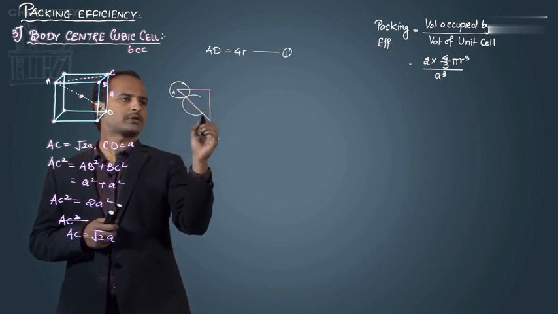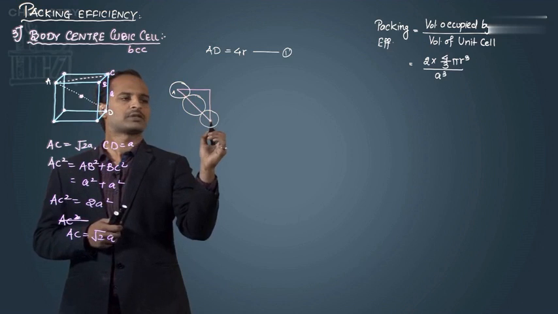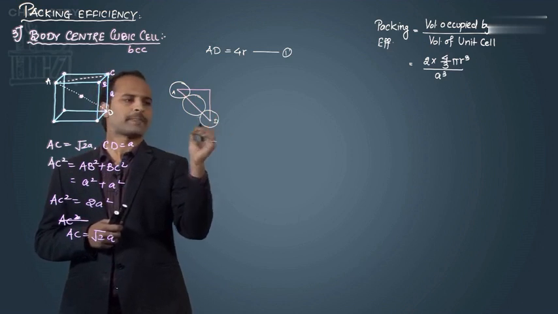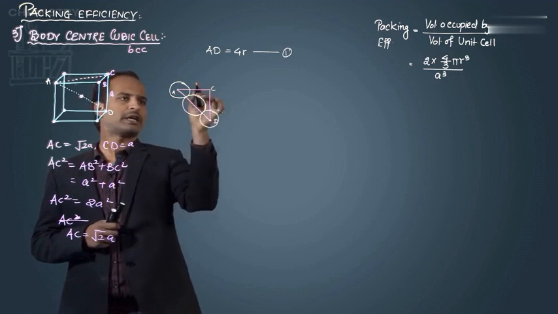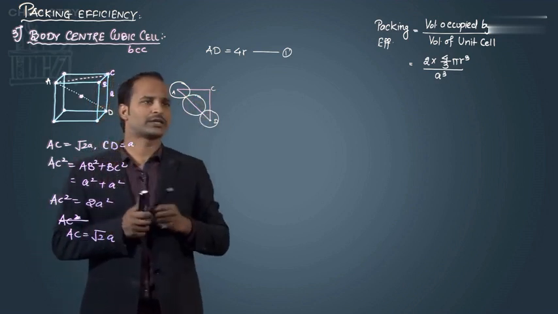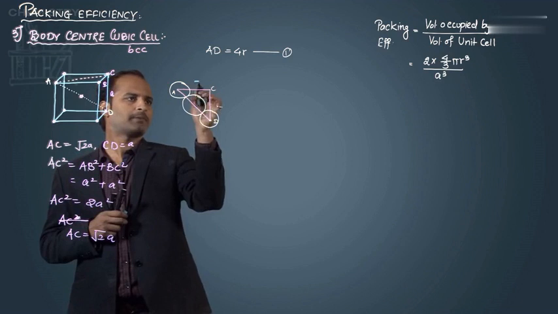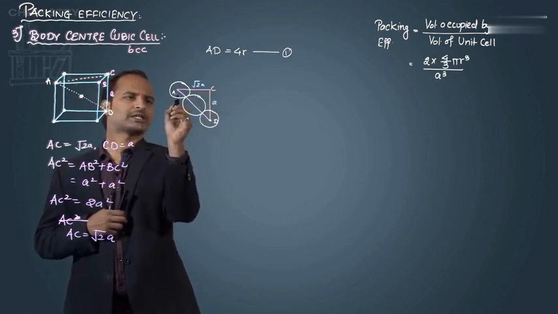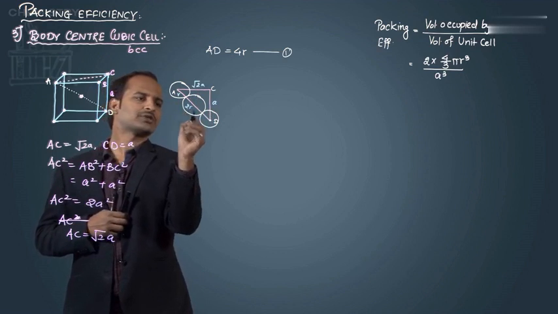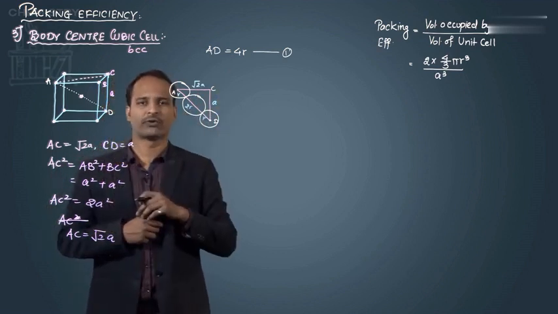There is another particle present here, and one more particle present here. This is point D, and this is C. So finally AC is root 2a, which we just determined. CD is a, and I have to calculate this AD. I can say this is a radius R, this is diameter 2R, and this is R. That's why AD is equal to 4R.